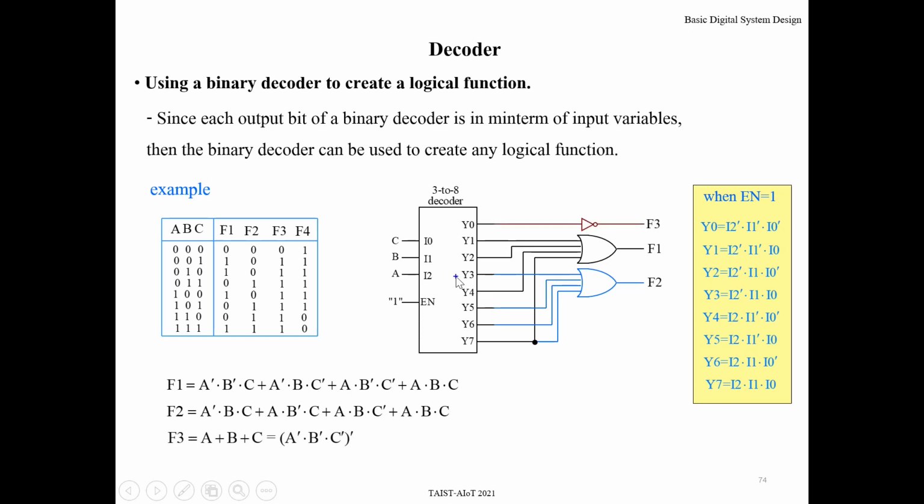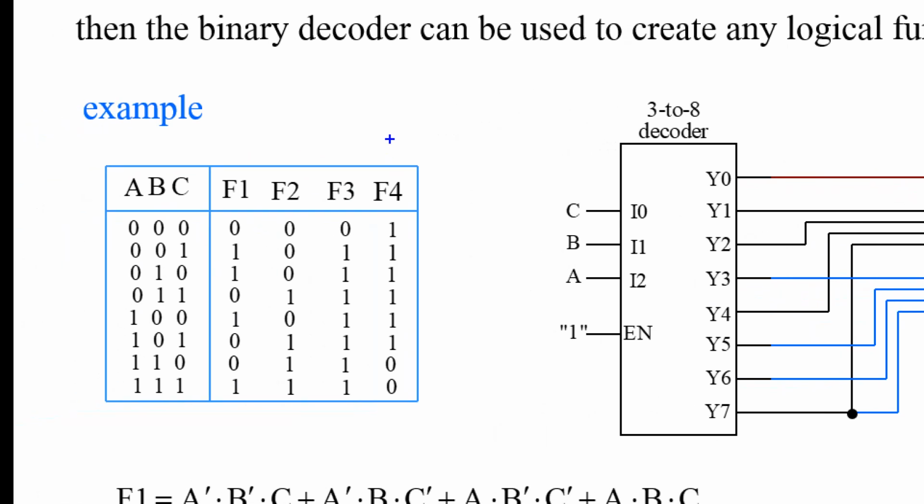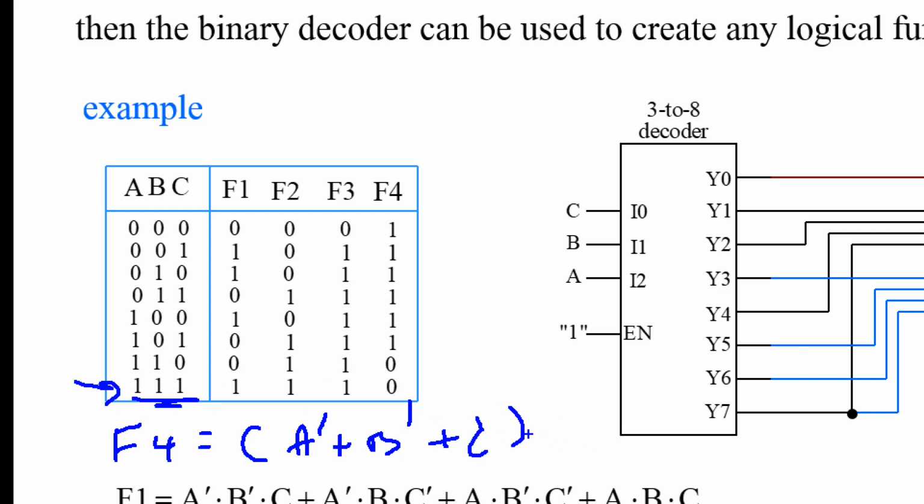And the last one, f4. For f4, it becomes 0 when input abc is 1, 1, 0 or 1, 1, 1. So you can write f4 by this expression: f4 equals a prime or b prime or c, and a prime or b prime or c prime.